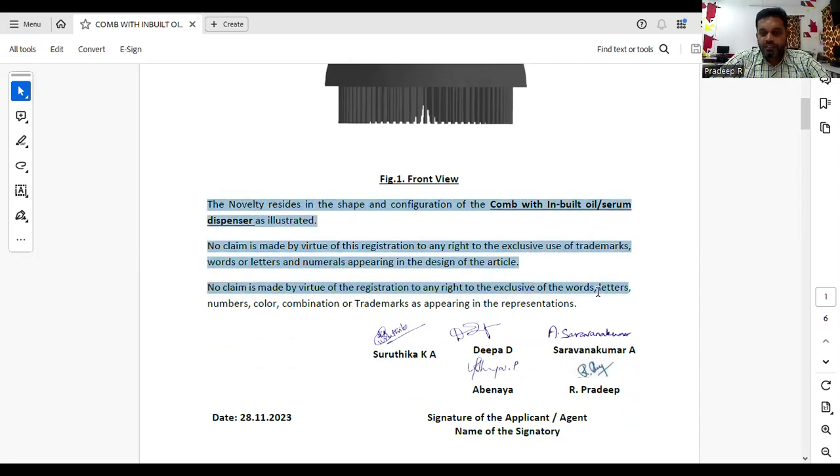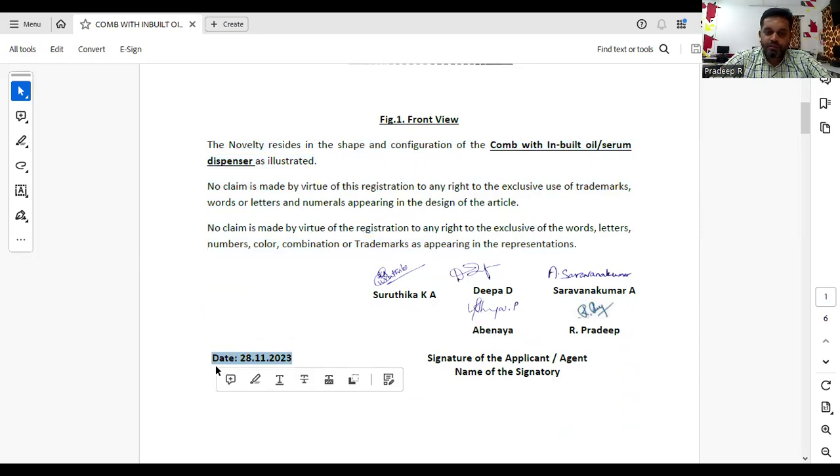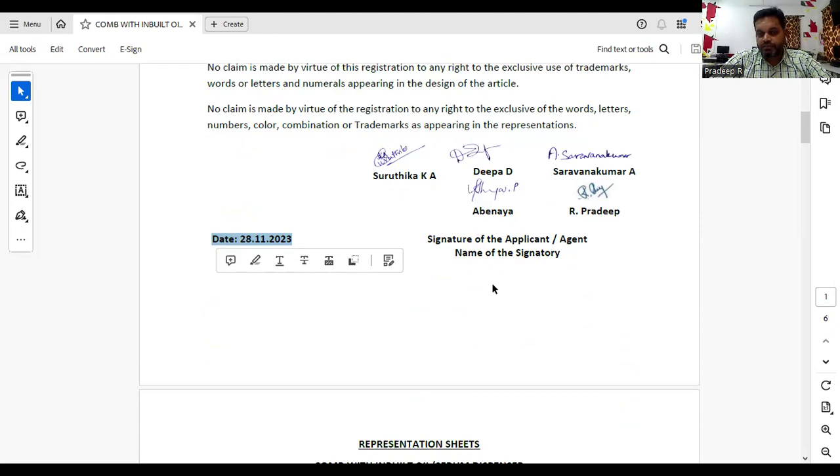These three lines are the common novelty statement to be maintained as per the instruction by the patent office. The novelty, no claim, and all these things should be maintained in all the articles whatever we are trying to write. Below the novelty statement, the date has to be mentioned at the bottom left, and the signature of all the applicants should be on the right side of the article, at the bottom.